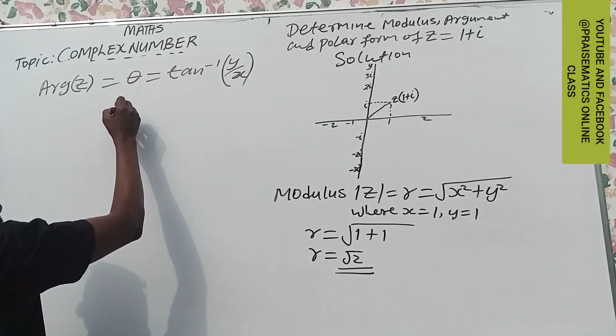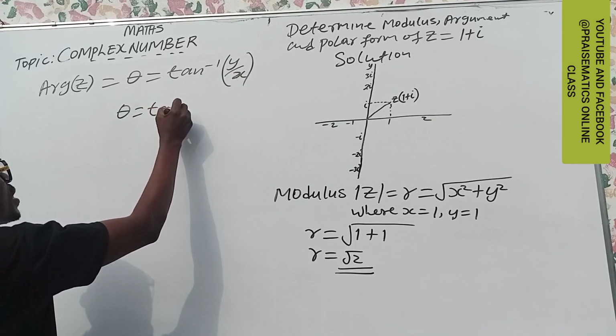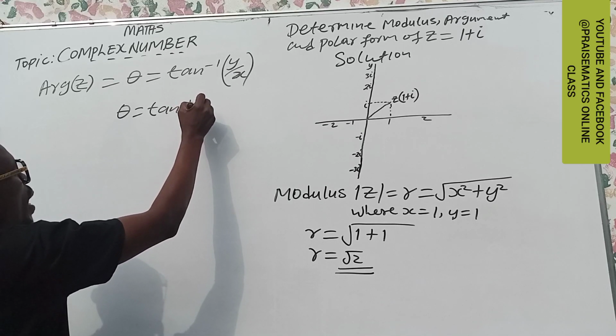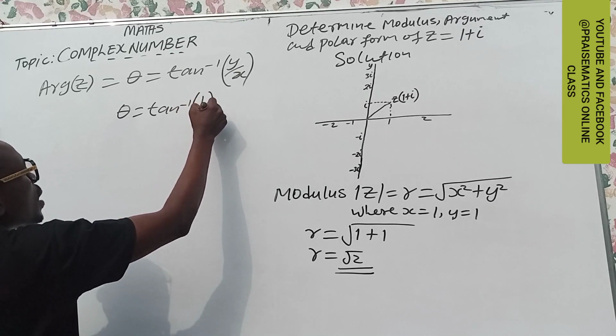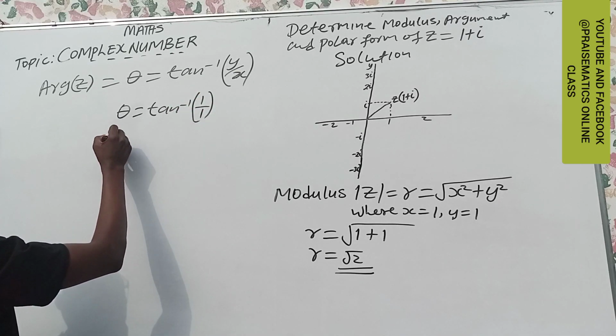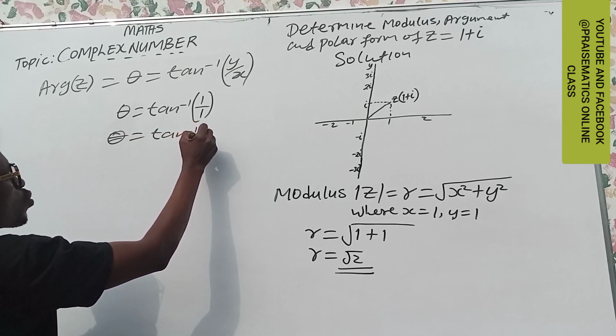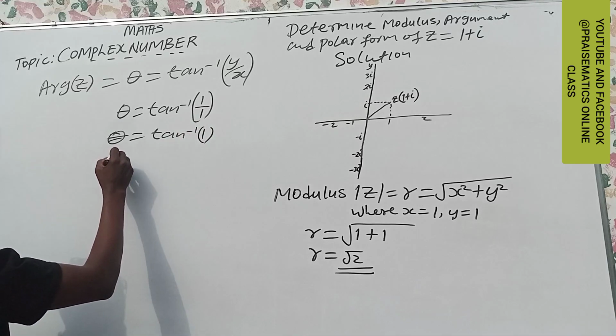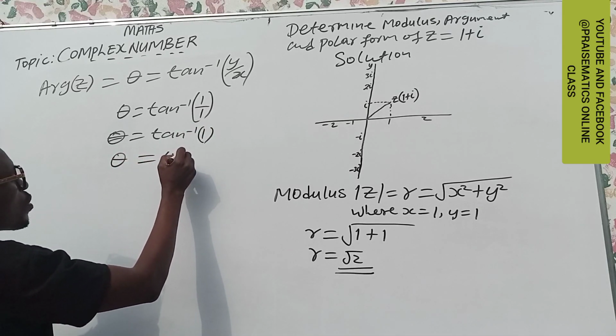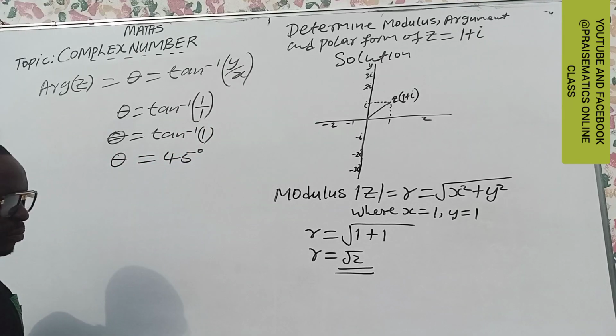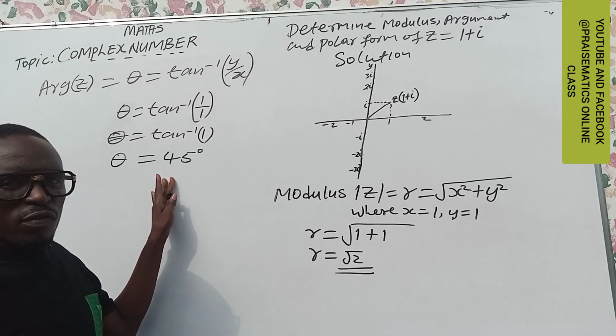So theta is equal to tan inverse of 1 over 1, which gives us tan inverse of 1, and tan inverse of 1 is equal to 45 degrees. Always remember that this is 45 degrees.